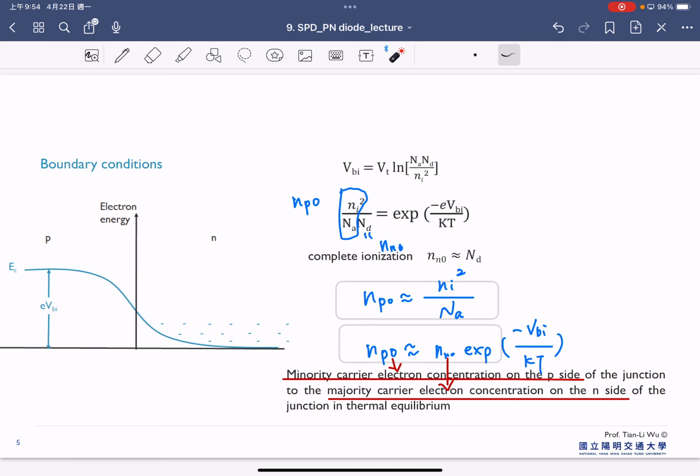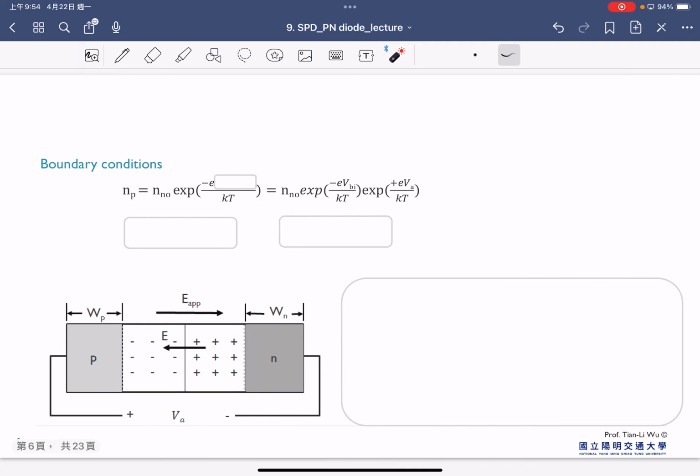Now we will derive further. Consider the boundary condition here. We have NP equal to NN0 exponential minus VBI over KT. Right now we consider the forward bias, so we apply a positive forward bias VA here.